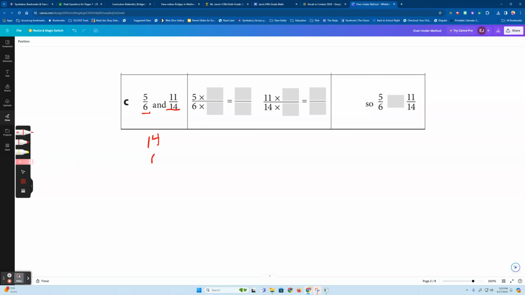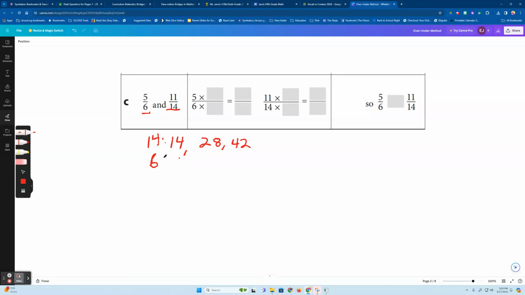All right, so let's get started here with this 14. So 14 is a multiple of 14. 28. And then the next one we get to is 42. So now let's write the multiples of 6.